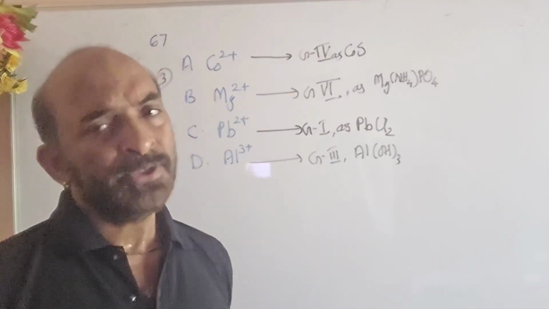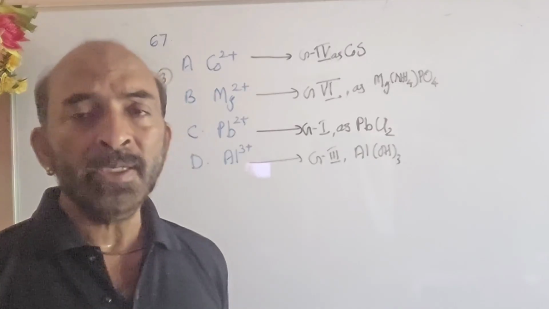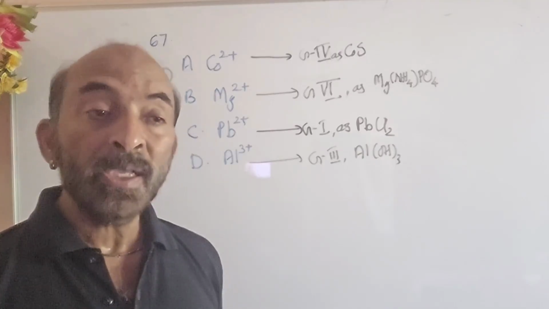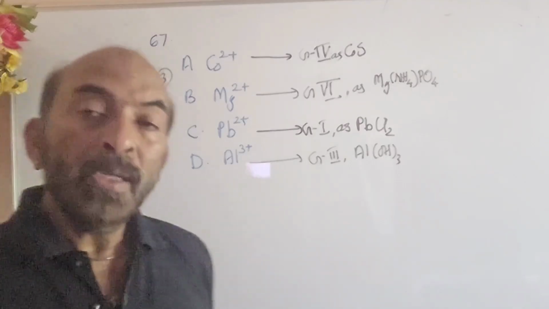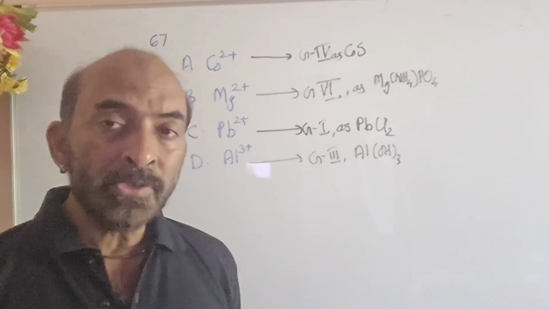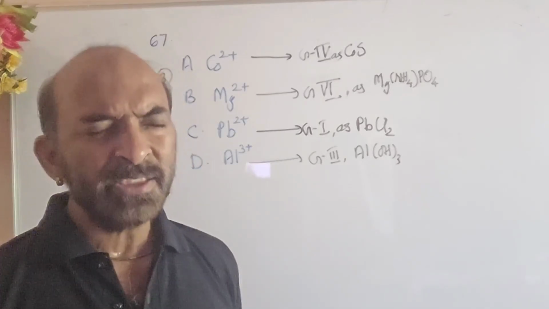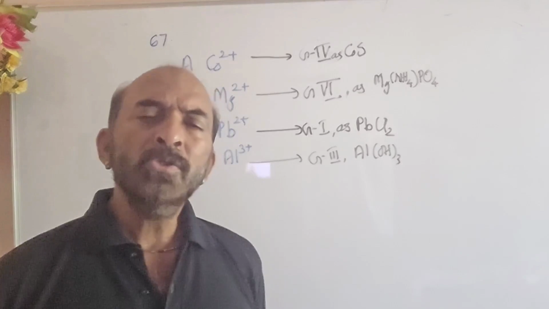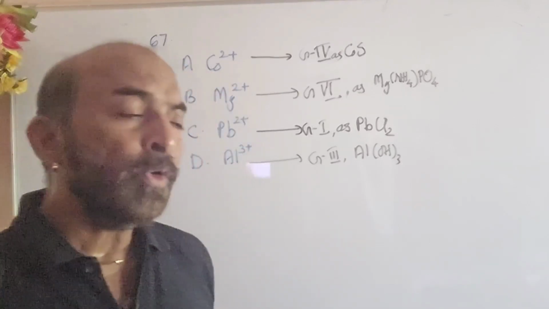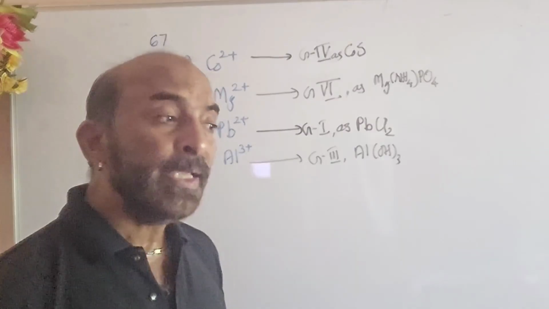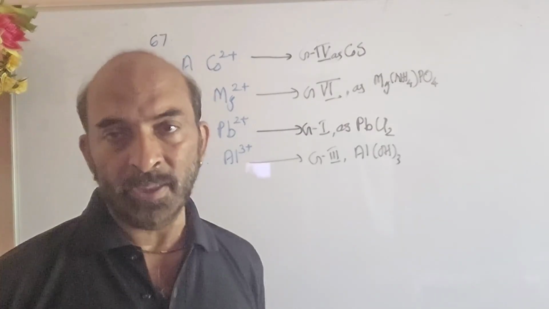Even though H2S is passed in the second group also, it doesn't get precipitated there because there H2S is passed in the acidic medium. In acidic medium, H2S will not ionize due to the common ion effect, or the ionization is extremely feeble. So sulfide ion concentration will be extremely low. Only those sulfides like PbS with extremely low solubility will precipitate there.